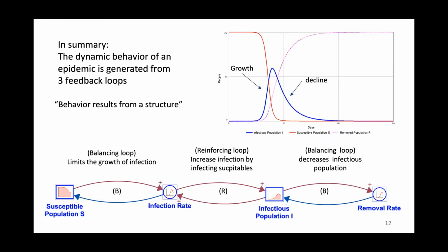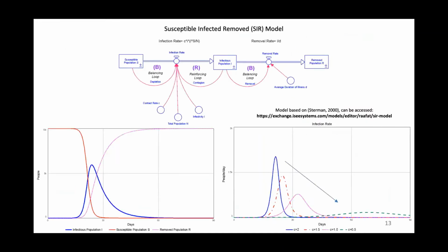So with this, we can conclude that this behavior results from a structure that is understandable, even if these diagrams will look different. As you can see here, they might be sharp and high, or they look more flat. Are those just different types of curves that this model can produce for infections? Yes, and we're going to talk about them in more detail, or demo them, when we talk about the model.